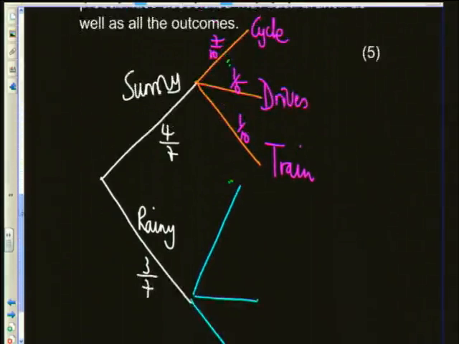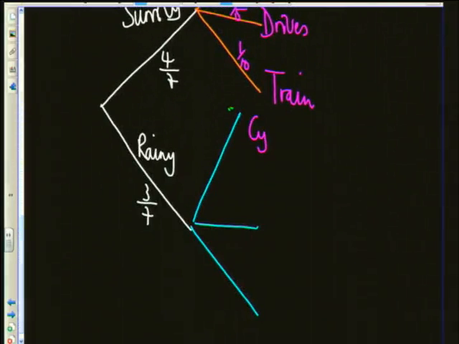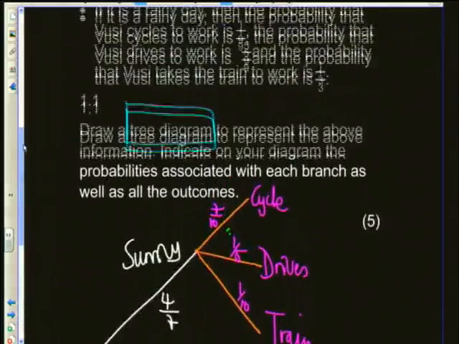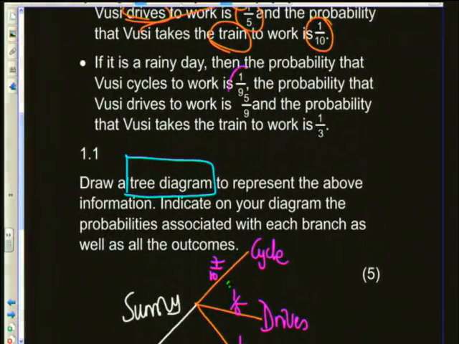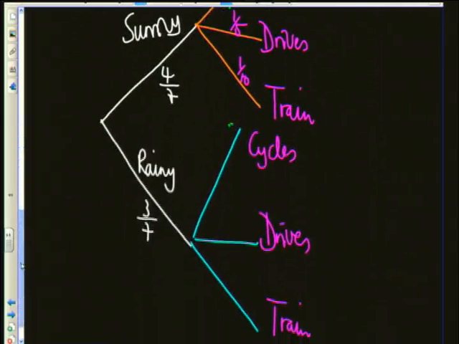Then if it's rainy, he also cycles, he drives, and he goes by train. And those probabilities are, this time round, 1/9, 5/9, and 1/3.